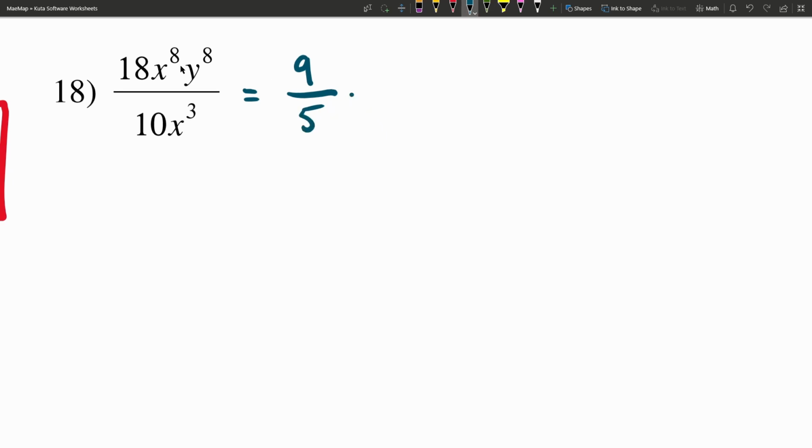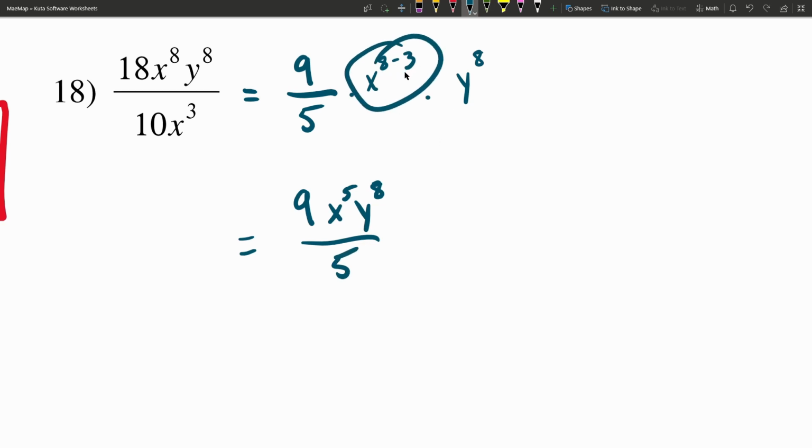Then I have x to the 8th over x cubed, which is x to the 8 minus 3. And then that gets multiplied by y to the 8th. So simplifying this down, I have 9 times x to the 5th times y to the 8th all over 5. Because x to the 8 minus 3 is x to the 5th, y to the 8th remains as is, and 5 is the only number in my denominator.